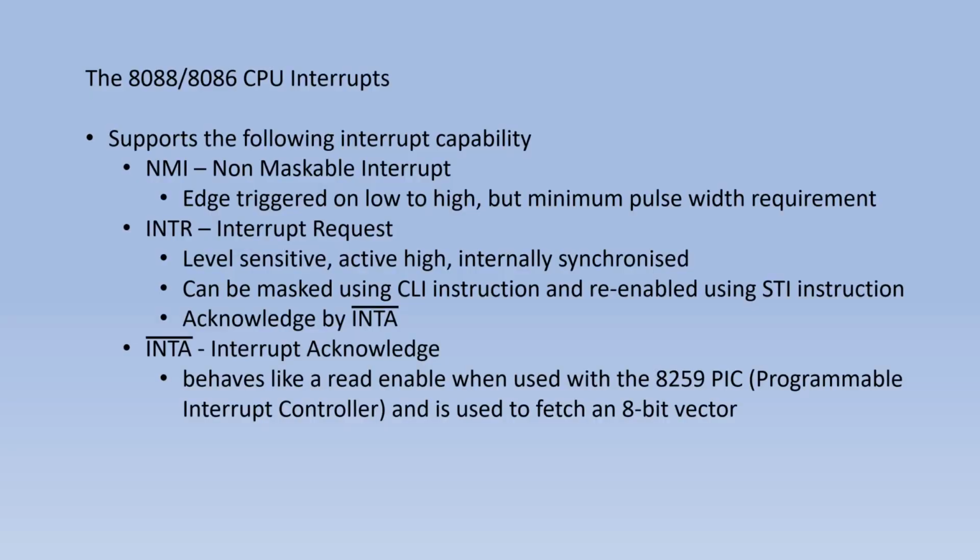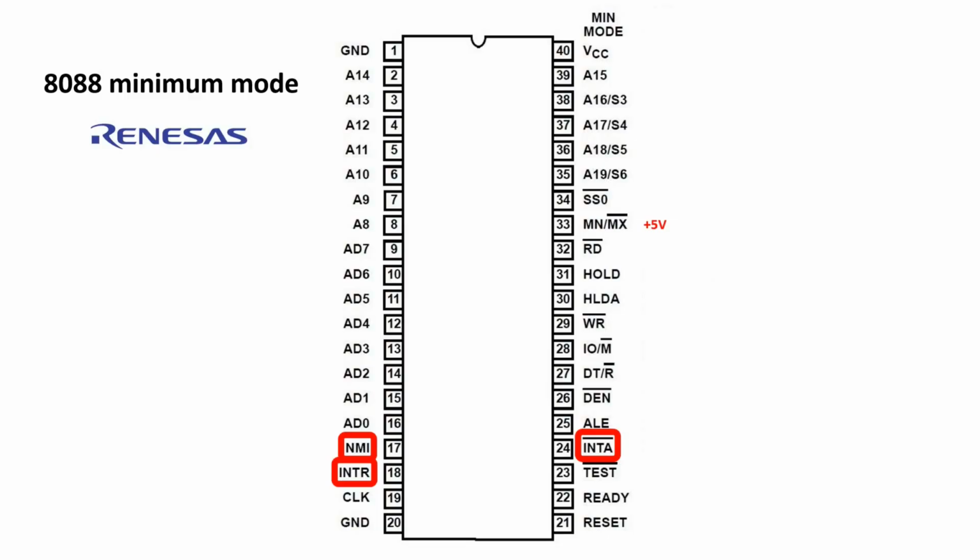So moving on to some more pins, we have some pins dedicated to interrupts, which is a standard feature of most microprocessors. The NMI is the non-maskable interrupt. It's edge triggered on a low to high transition. However, there is a minimum pulse width, but that's not very difficult to meet.